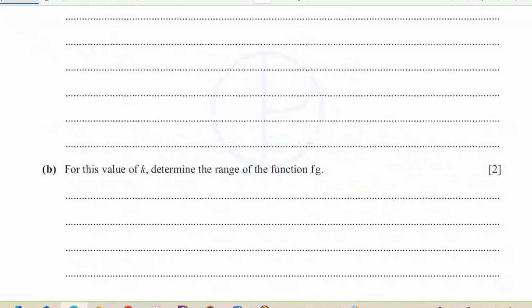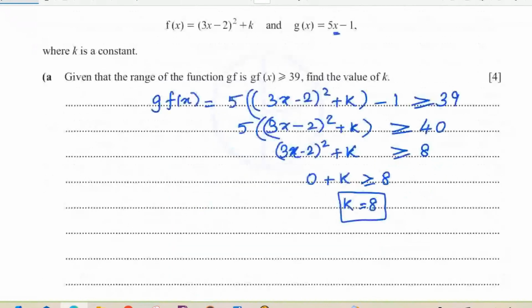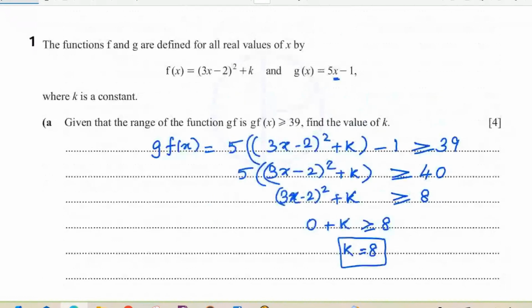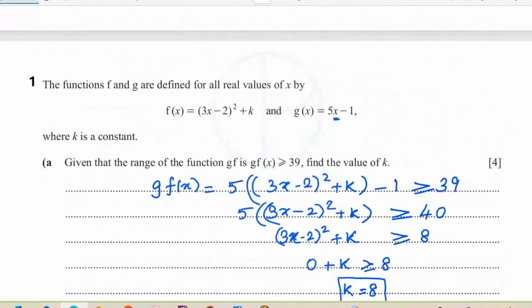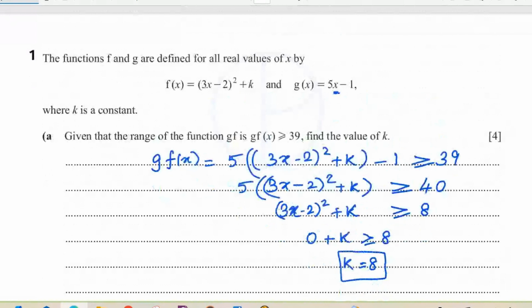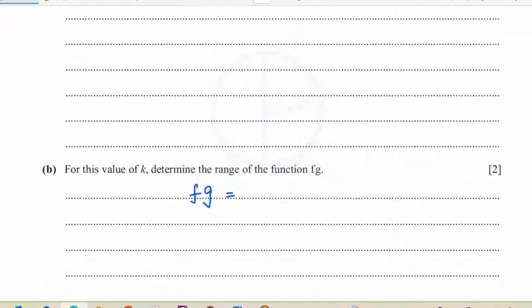The next part of the question is, for this value of k, determine the range of the function fg. Now we need to find fg. What is fg? Substitute g in f. f(x) is (3x minus 2) the whole squared plus k.